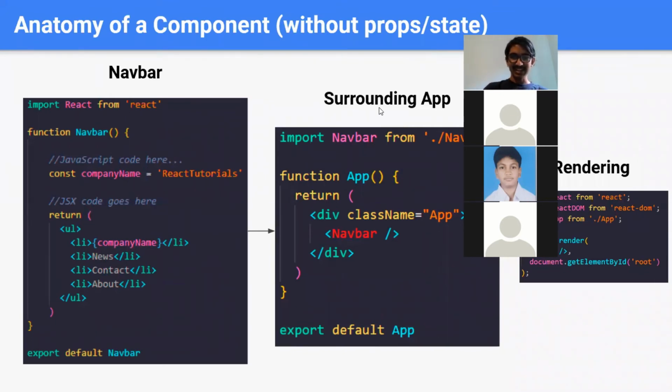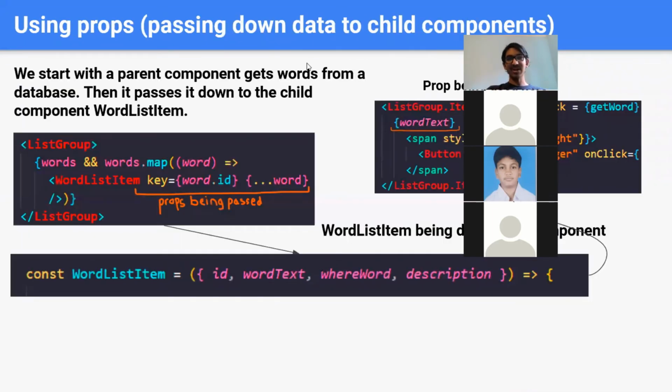Awesome. Okay, so now I want to talk about props. This is a pretty complicated example, because it's from the project that I built, but I think it illustrates decently well how props work. Basically we have a parent component, like that app. That parent component gets words from a database, and then passes down those words into a child component.